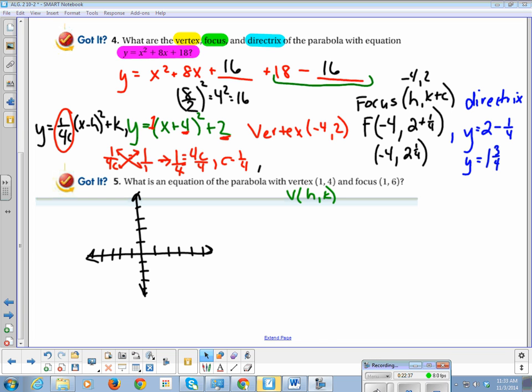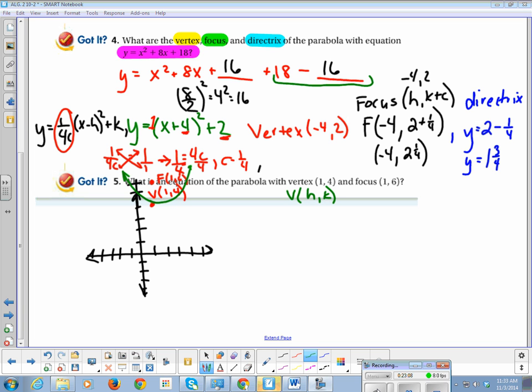So if my vertex is at 1, 4, that's right here. And my focus is at 1, 6. And remember, our parabola hugs our focus, so it is going to go up.